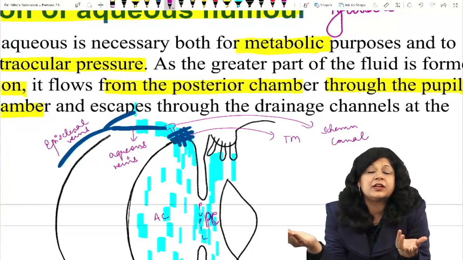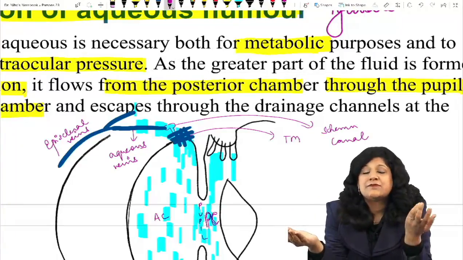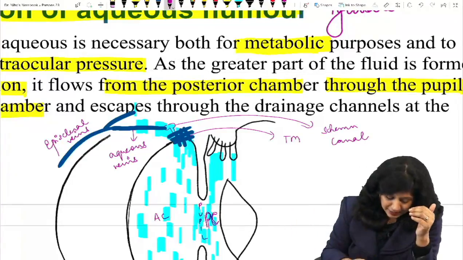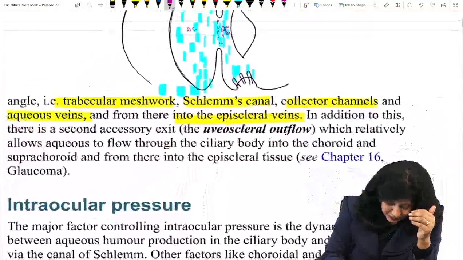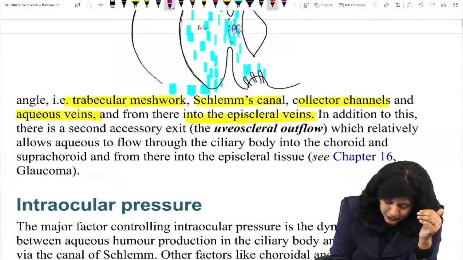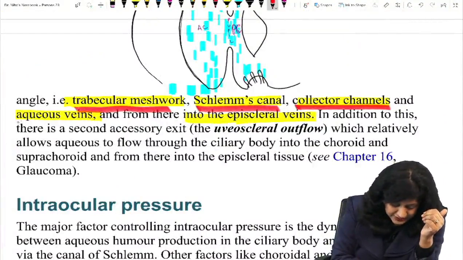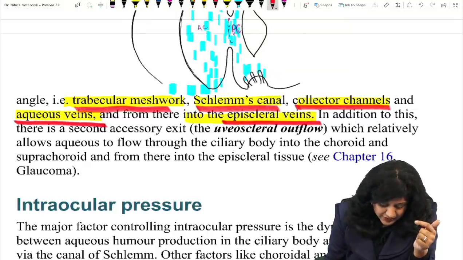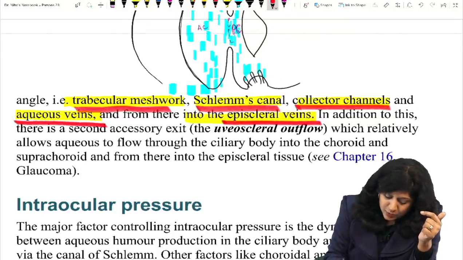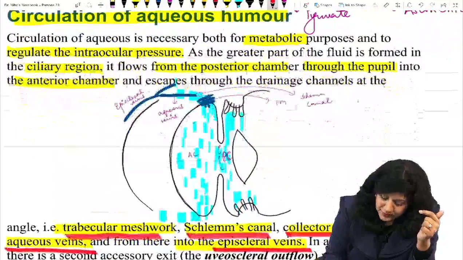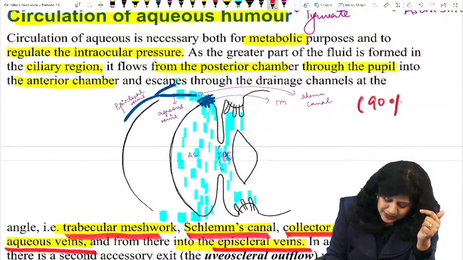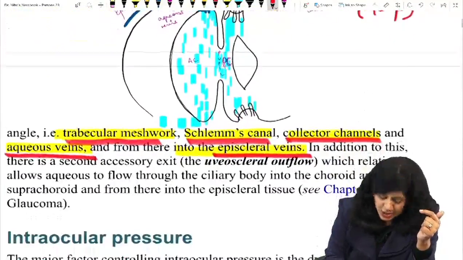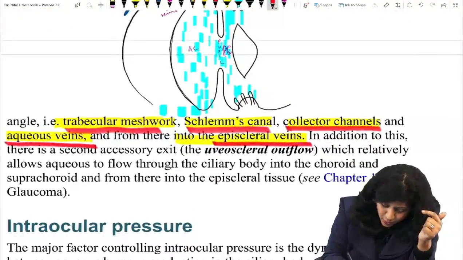We get the features of raised intraocular pressure when we have raised episcleral venous pressure. The same thing they are saying here: the trabecular meshwork, Schlemm's canal, the collector channels, aqueous veins, and into the episcleral veins, right? Now, in addition to this, this trabecular pathway is responsible for about 90% of the aqueous drainage. So, second, we have a smaller one also.